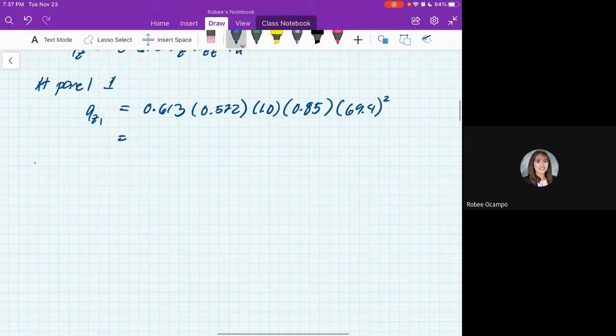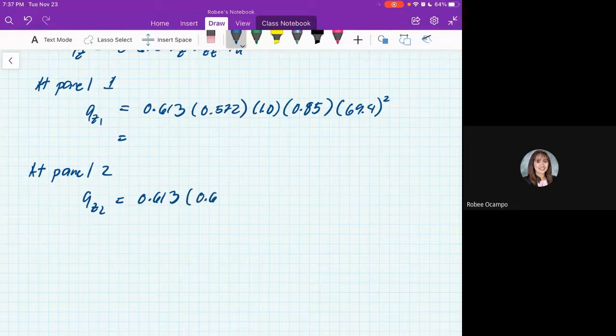Now, at panel 2, QZ2 is equal to 0.613 times 0.621 times 1.0 times 0.85 times 69.4 squared.